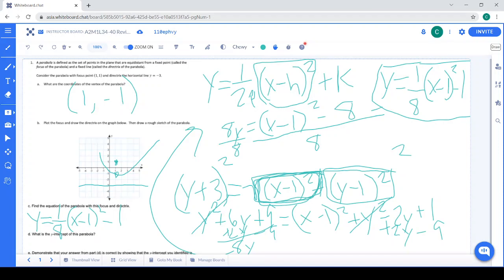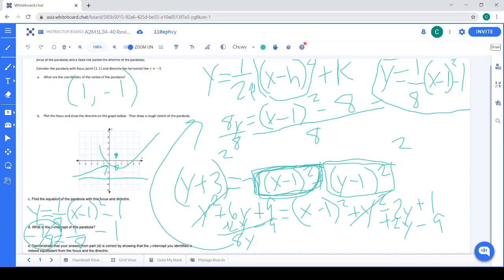All right, if I plug that in here, I'm going to have 1/8 minus 1. Well, what's 1/8 minus 1? That's going to be a negative 7/8. Okay, which is pretty close to what I had there for my y-intercept. Not really, but okay.